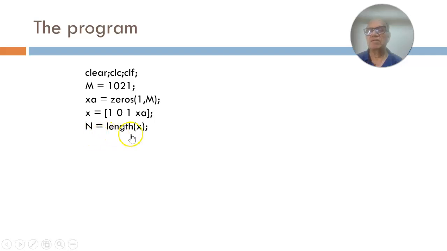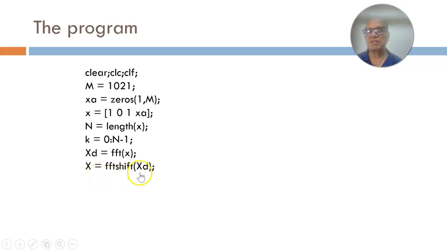Then you calculate n equal to length of x, and therefore your frequency index is 0 to n minus 1. Then you calculate your FFT, xt equal to FFT x. Then since this only plots the positive side of the spectrum, we use FFT shift that we had studied in our last session.